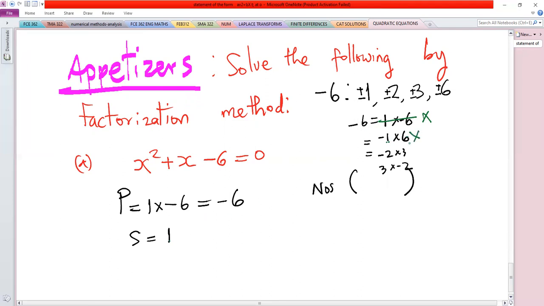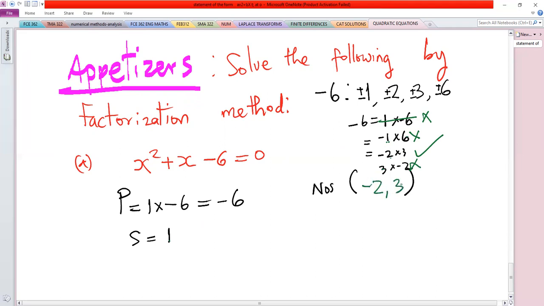Minus 2 plus 3 is positive 1, so this is what will work. 3 plus minus 2 is minus 1, not 1, so this will not work. So we find that the numbers are negative 2 and 3.